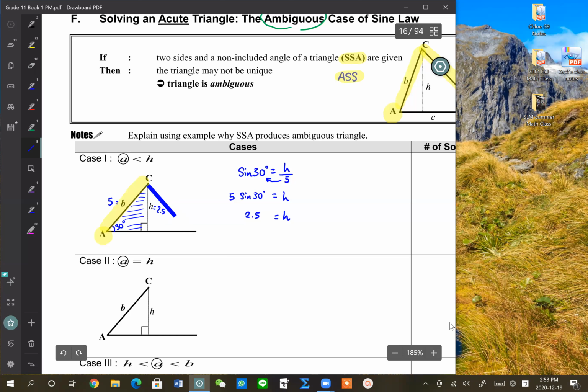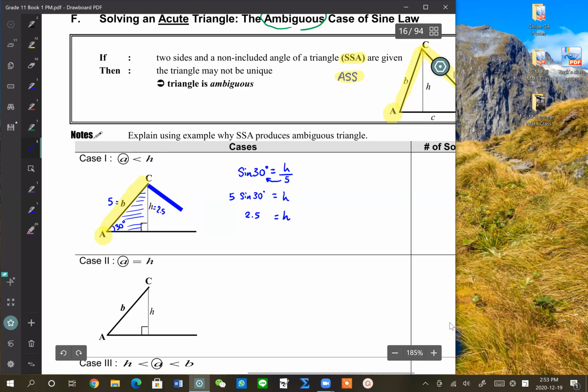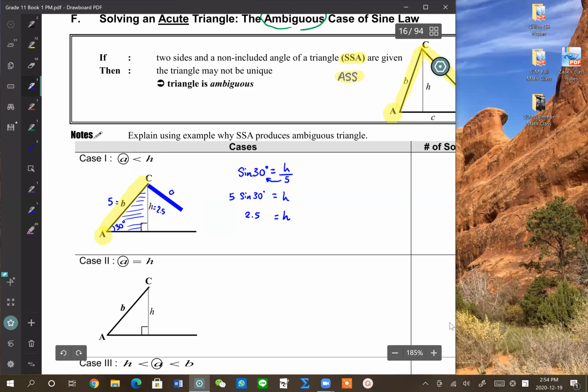You can see from the picture that when the other side is shorter than the height, you do not get any triangle. We chose 2, that number is shorter than the height, so there's no way for you to make the triangle. It doesn't even close up.